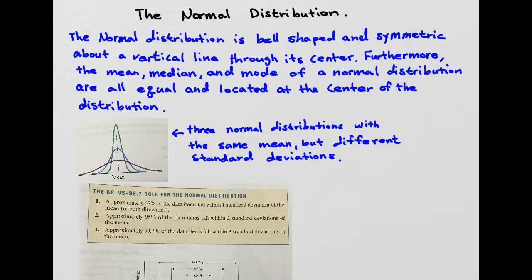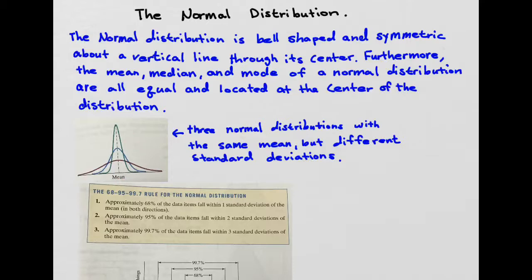Furthermore, the mean, median, and mode of the normal distribution are all equal and located at the center of the distribution. So this one right here is going to be the mean. When the mean, median, and mode are all equal, then we can call that a normal distribution.